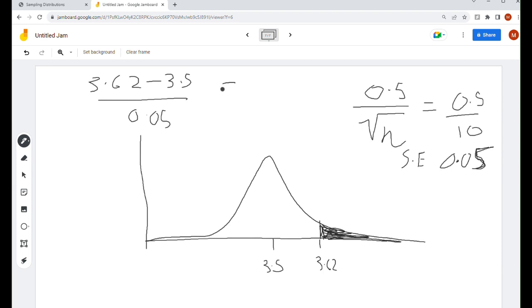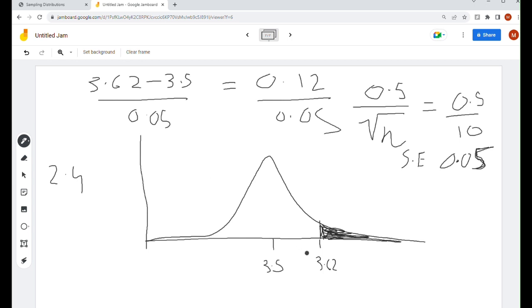And what does that give us? 0.12 divided by 0.05. And that gives us 2.4 standard deviations. That is correct. That is indeed correct.